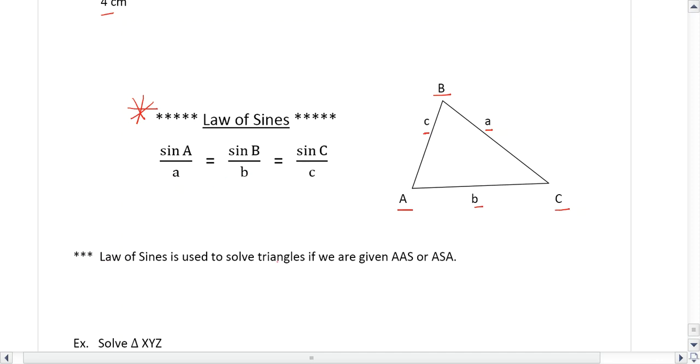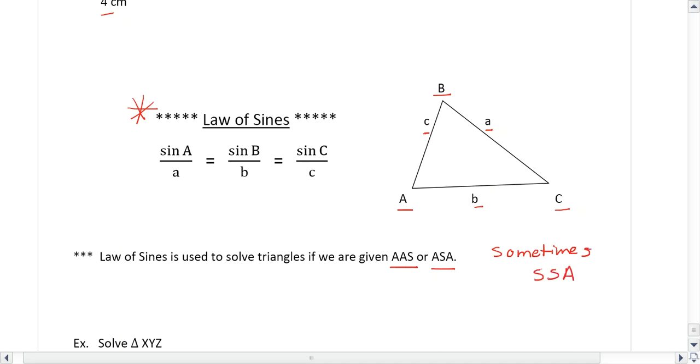Please note that the law of sines works, and we use it to solve triangles when we're given either angle, angle, side, or angle, side, angle, and then we're only going to do some of these cases, and sometimes side, side, angle.